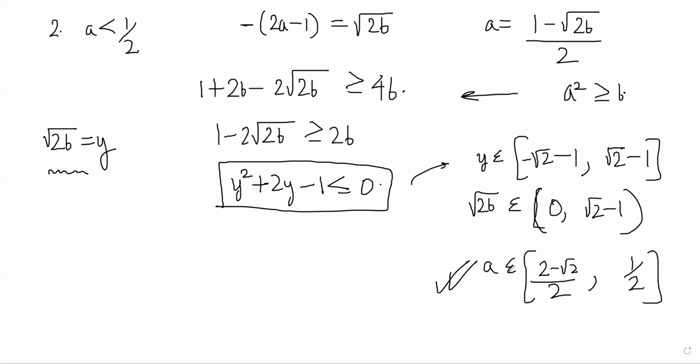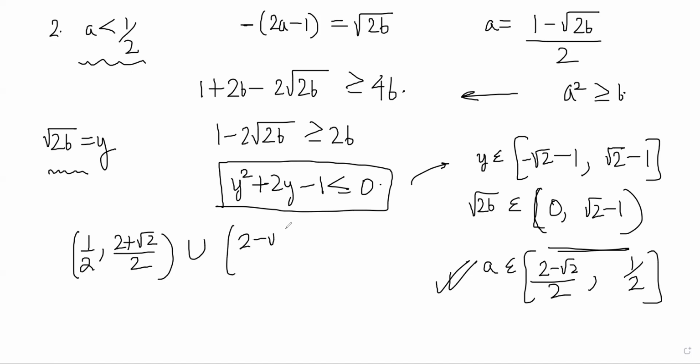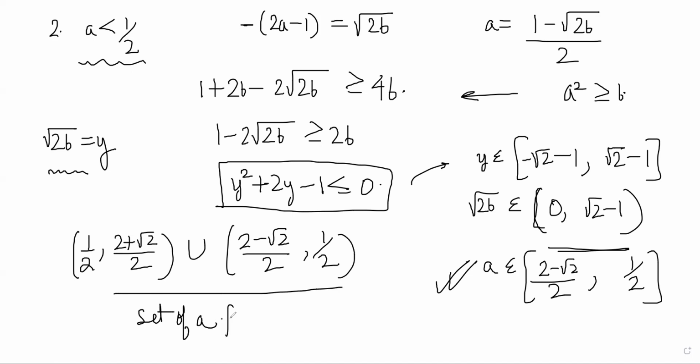So from here we are getting a range of a which is less than half, which should have happened. And overall, the solution will be the union of the two solution sets. So we have already gotten [half, (2 plus root 2) by 2], union [(2 minus root 2) by 2, half]. This will be the set of a for which the conditions hold.